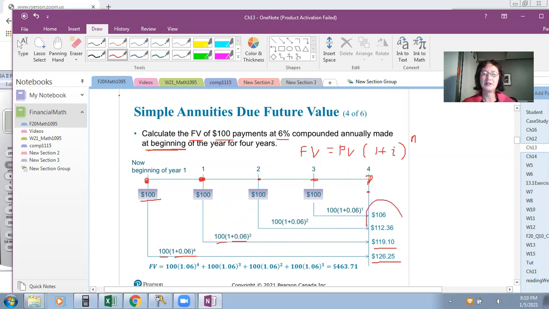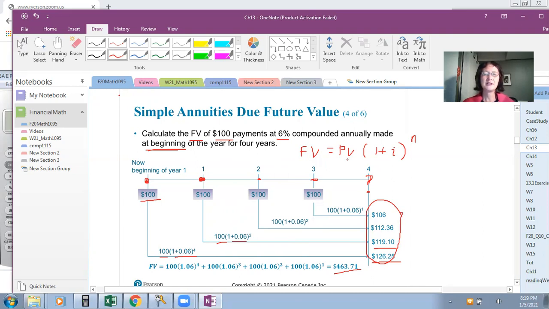You add all these 4 numbers together. You get the final answer, 463.71. So this is using the regular compound interest. This is the key formula here, future value, present value.